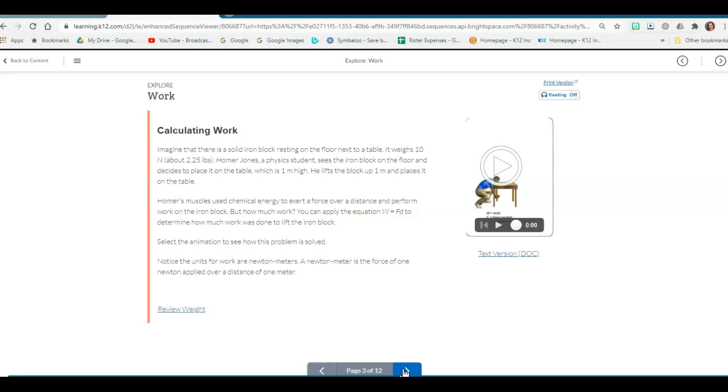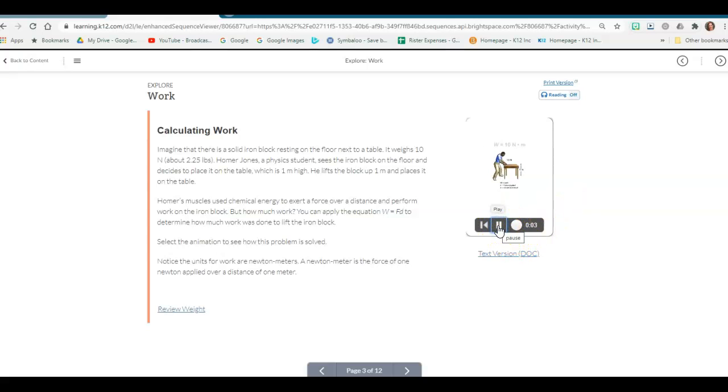He lifts the block up 1 meter and places it on the table. Homer's muscles used chemical energy to exert a force over a distance and perform work on the iron block. But how much work? So you're going to apply the equation work equals force times distance to determine how much work was done. So you can select the animation here to see how we solve the problem.